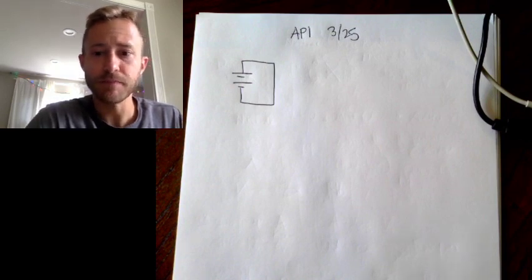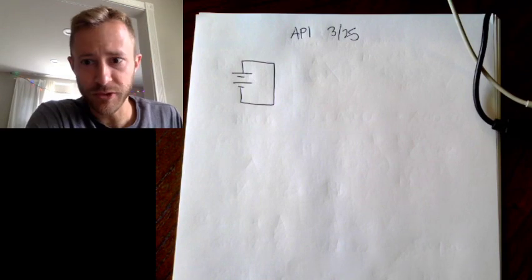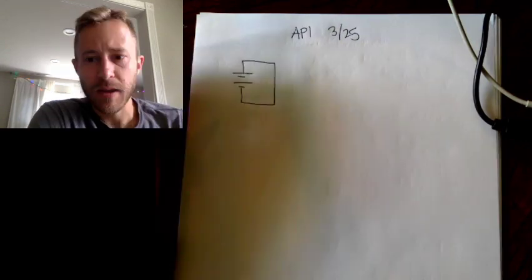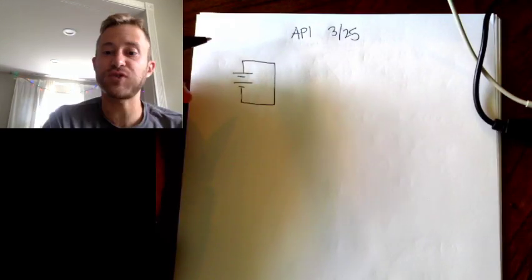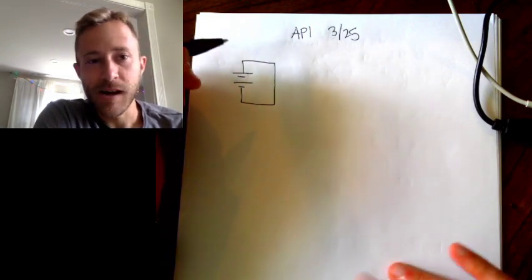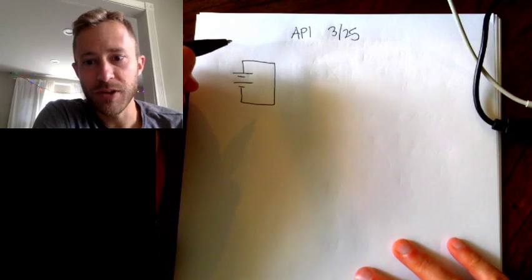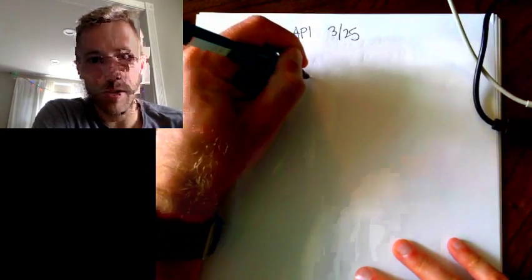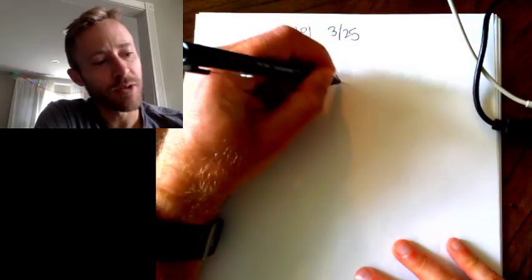So if you were to just naively apply Ohm's law to calculate the current that flows, we would say I equals V over R.